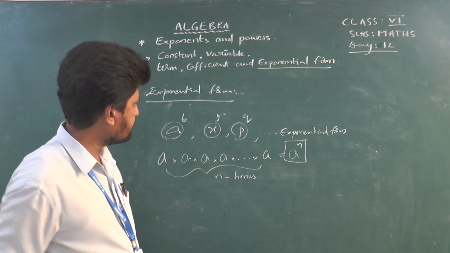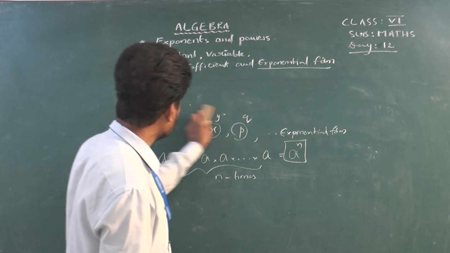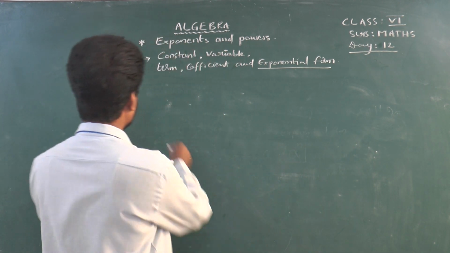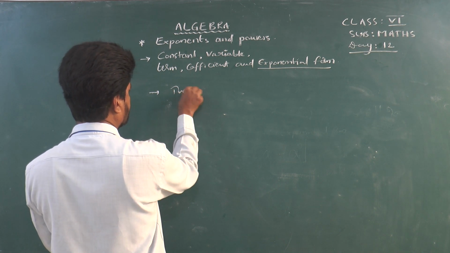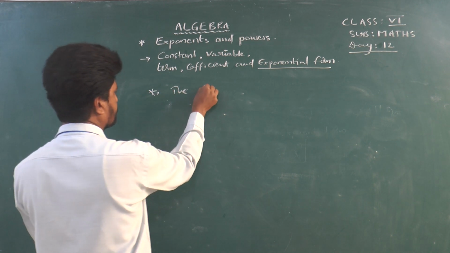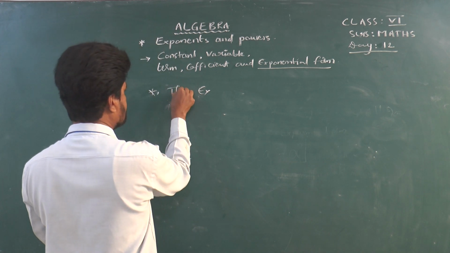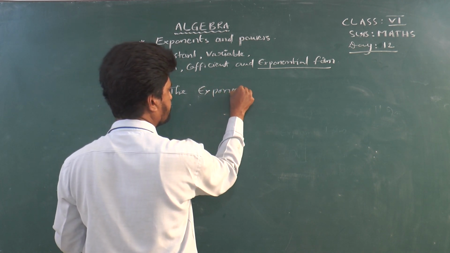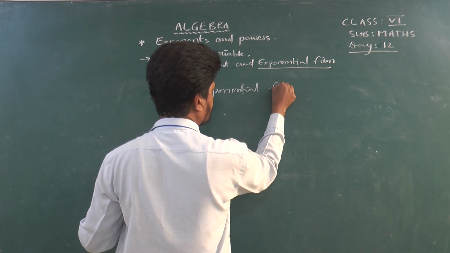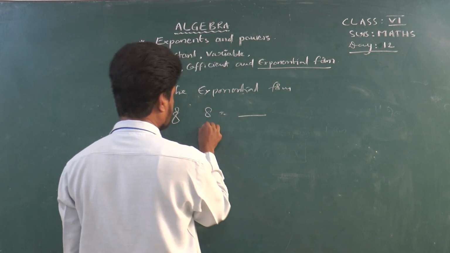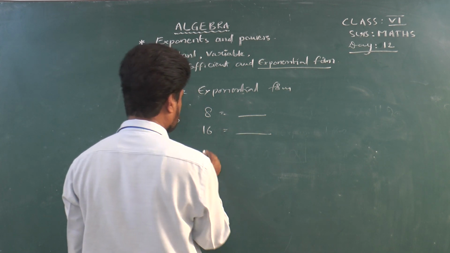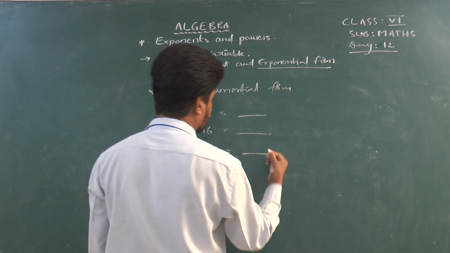Let us take one. Suppose the exponential form of 8 is equal to what, 16 is equal to what, and 32 is equal to what?